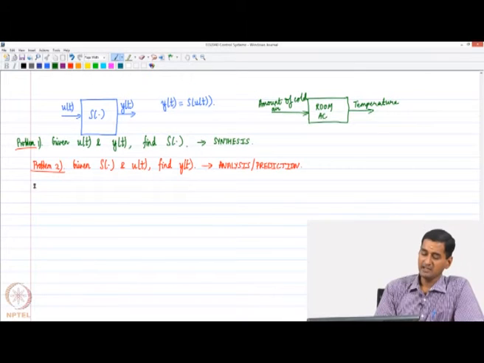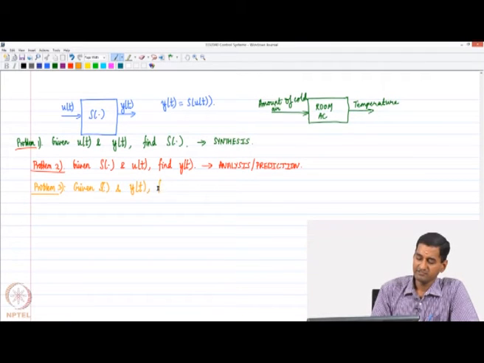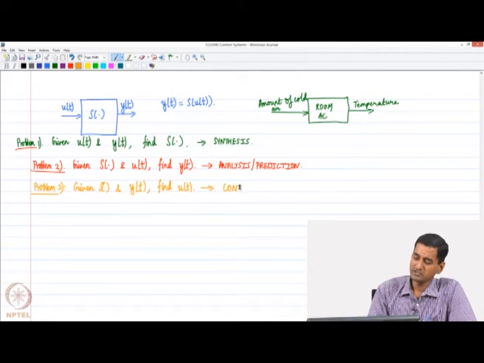Another problem we can do once we complete the synthesis problem is this: given the mapping S and a desired output y of t, find u of t. That is the third problem, which is called the control problem.